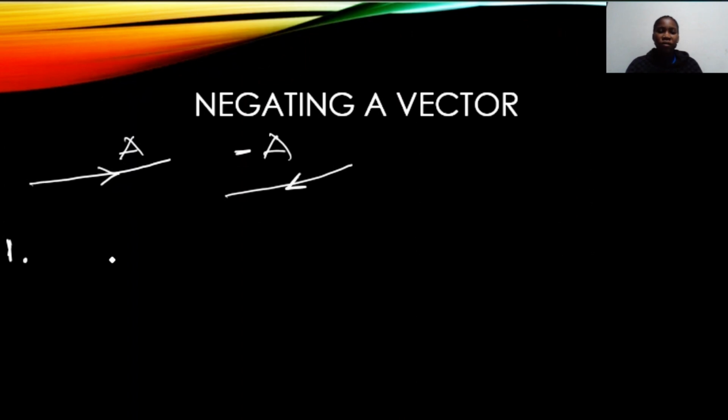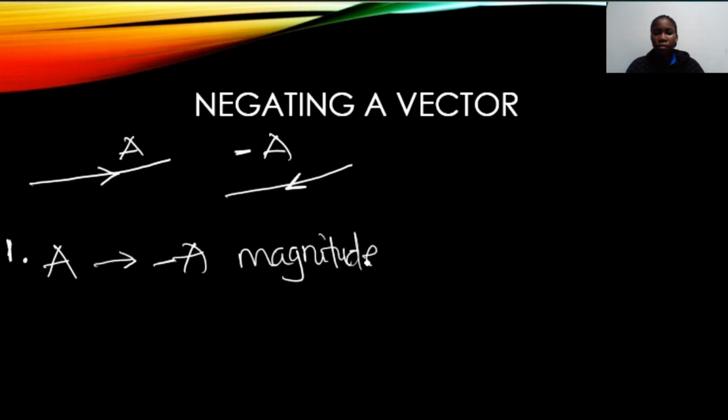So when negating a vector A, you are negating it to negative A, the magnitude remains constant.